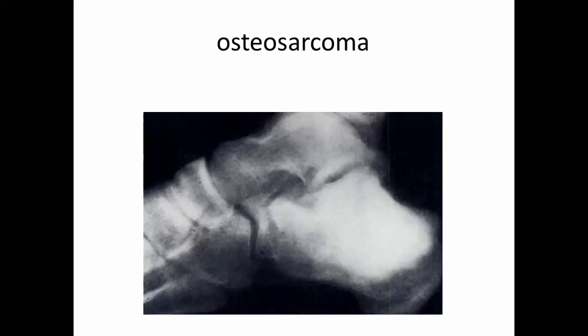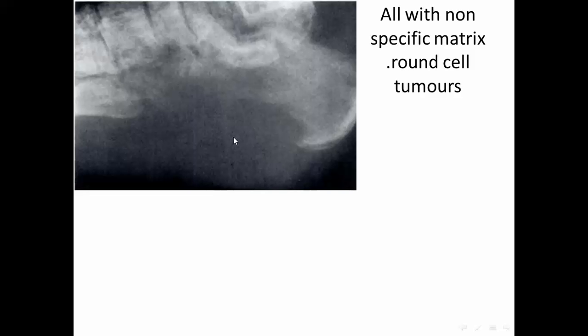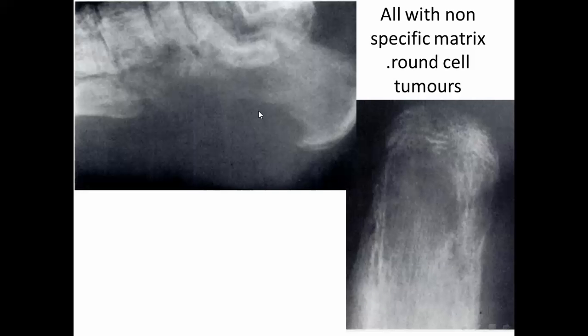Here we have the patchy sclerosis, which is usually seen in osteosarcoma. The matrix is bony. And here we have a malignant tumor with no matrix invading the soft tissue, causing marked thickening.